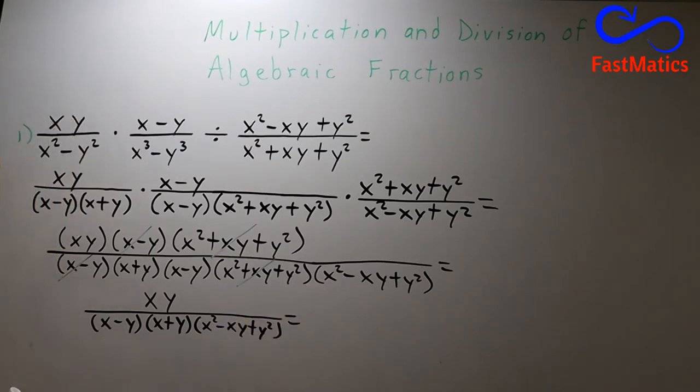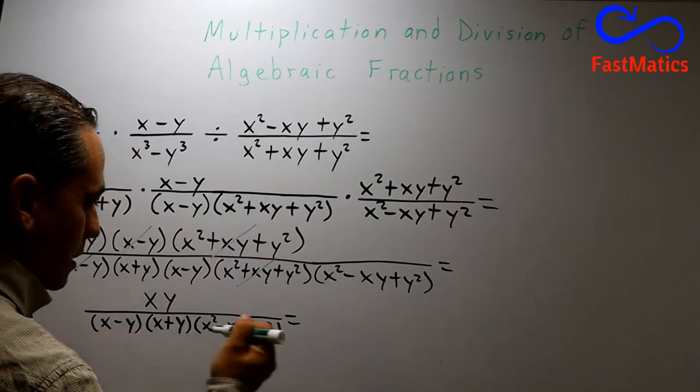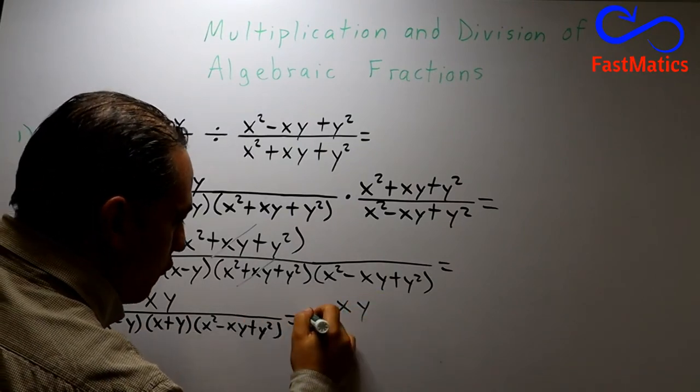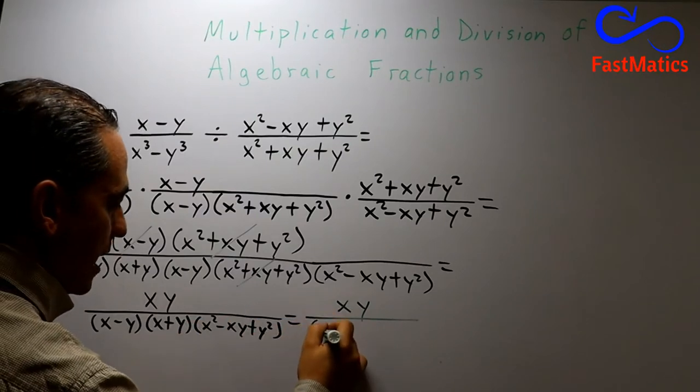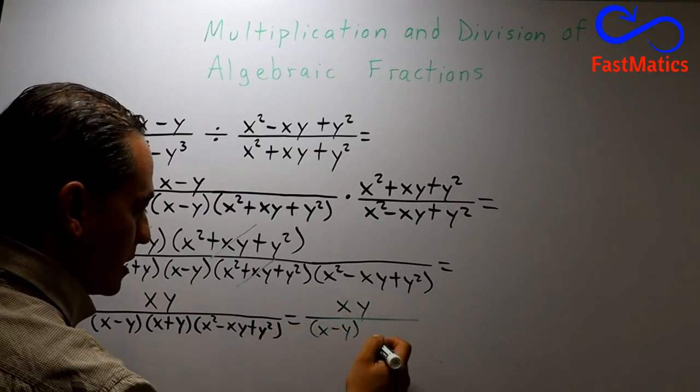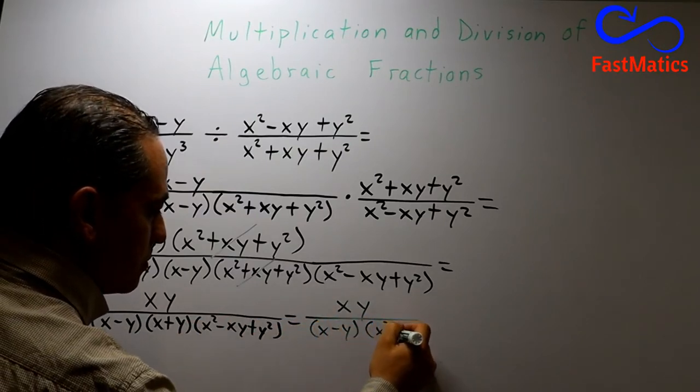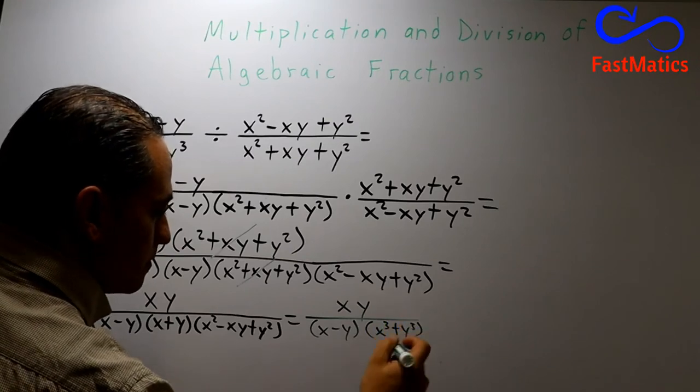So the answer is xy over x minus y times x cubed plus y cubed.